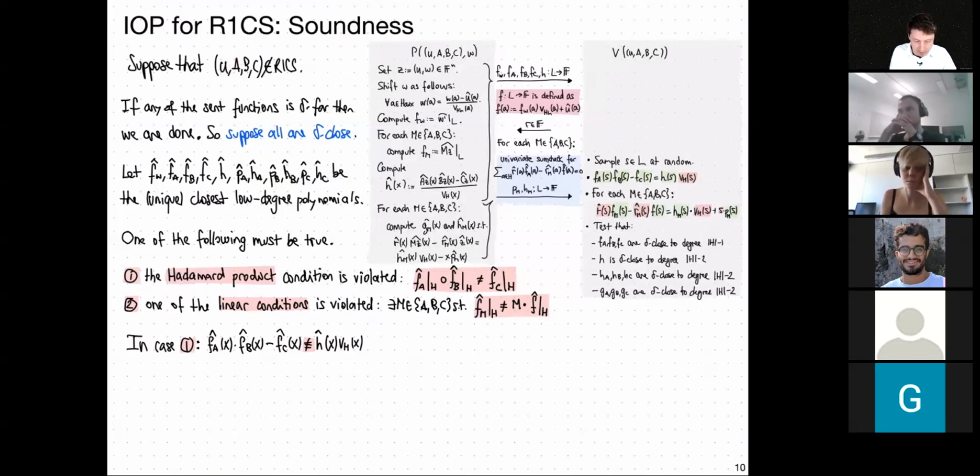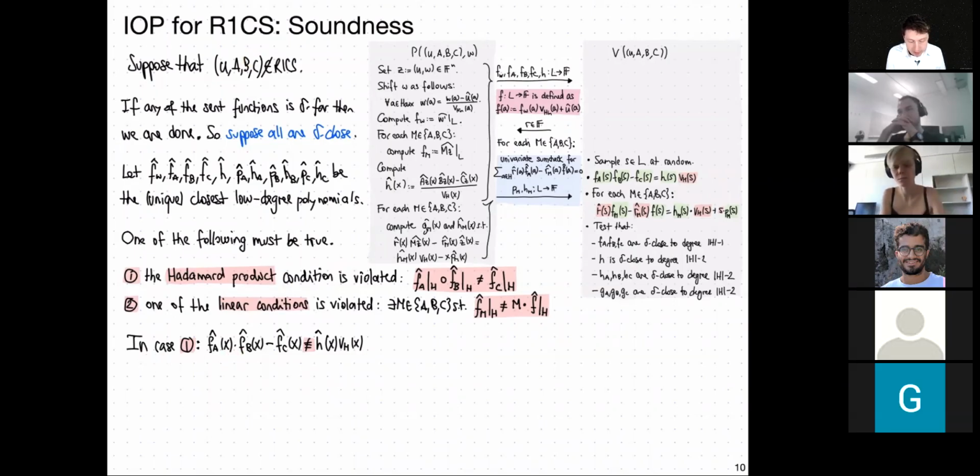This is the only reason, because F hat already has U inside it, so I'm not counting U. Because if the Hadamard product is not violated and none of the linear conditions is violated, then by construction it means that this is in the language, right? So one of these must go wrong. All right.